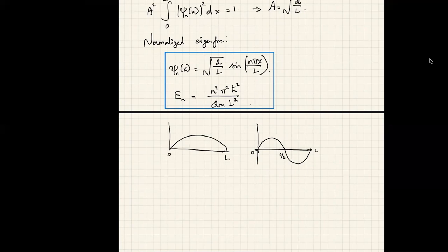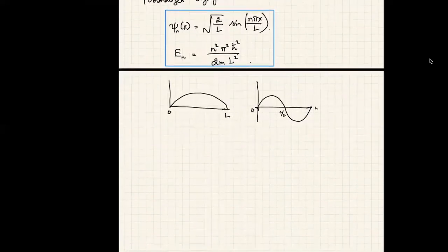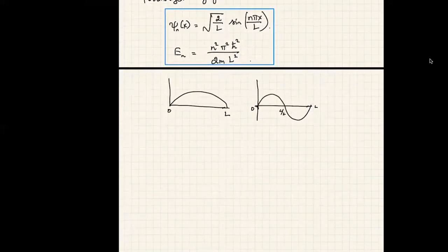It's easy to state that an nth wave function should have n nodes, but it's a little tricky to prove. So we will not prove it in this course, but you can demonstrate this very clearly using this example.